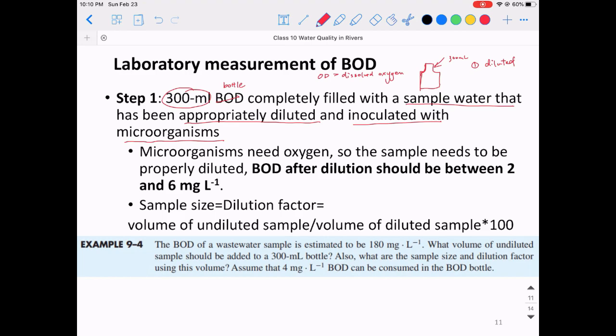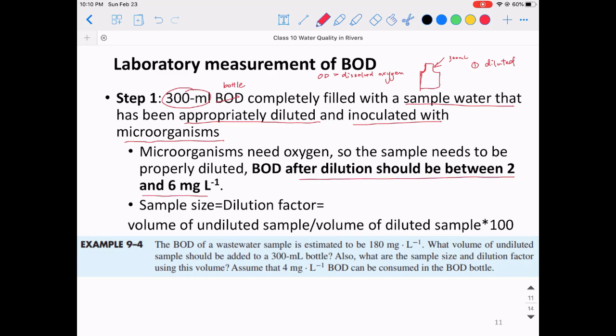So if the BOD is too high, we cannot directly put this sample into the bottle and measure the BOD, because no organisms are going to live or oxidize these oxygen demanding materials. So we have to dilute it properly, okay?